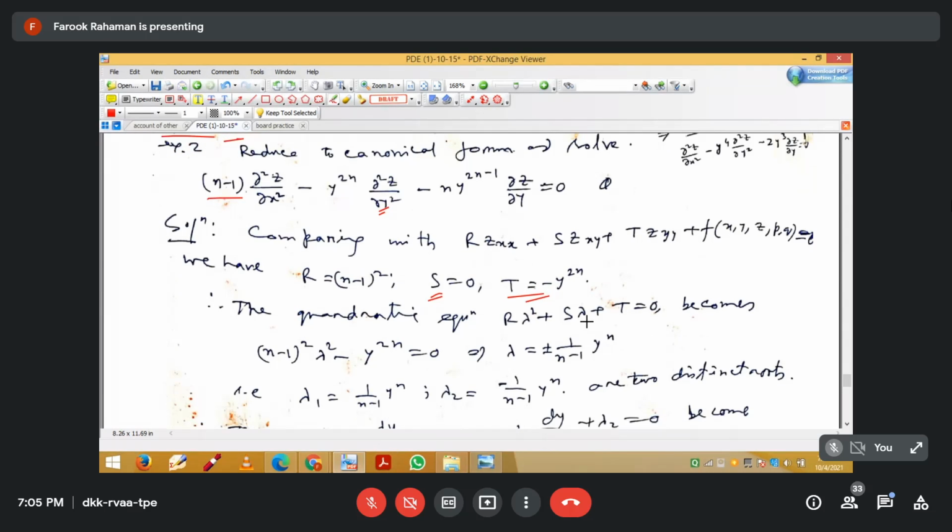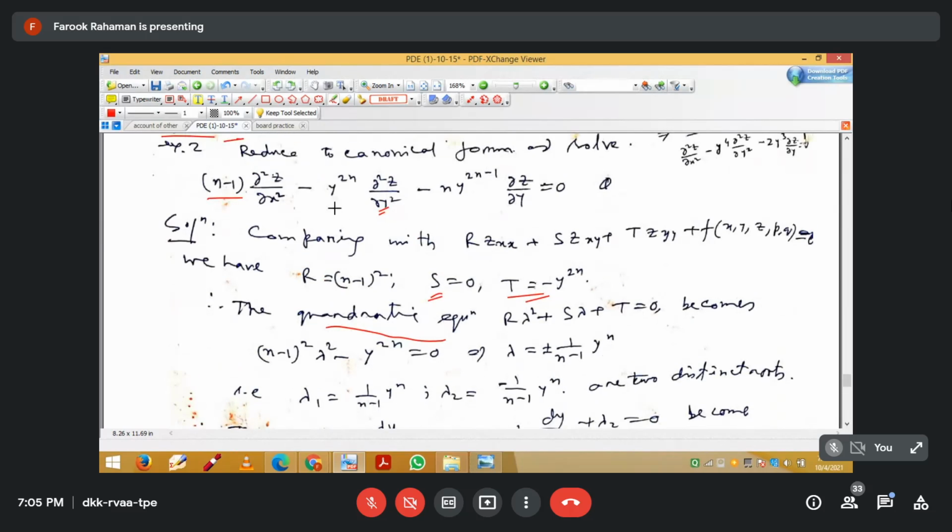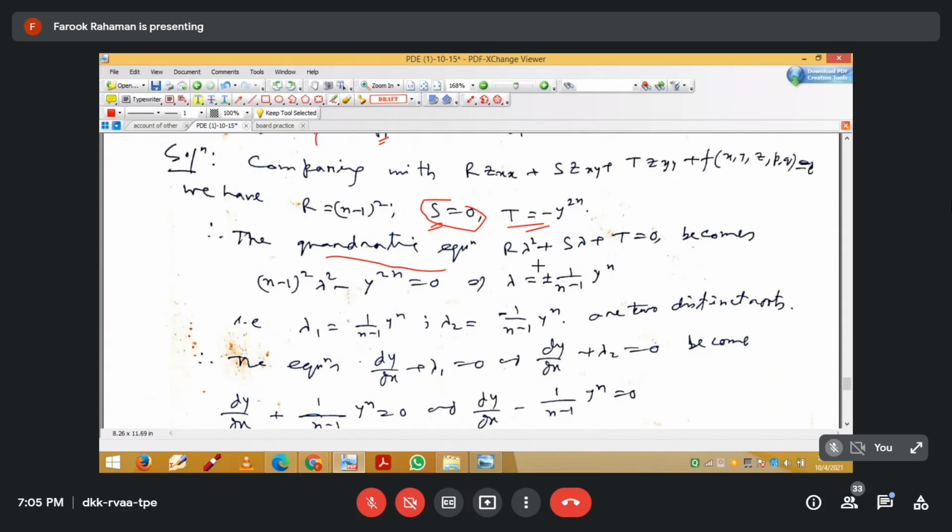Now construct the quadratic equation R lambda square plus S lambda plus t equal to 0. Here S equal to 0, because the coefficient of the mixed derivative is absent here. So ultimately our equation transforms to this equation.